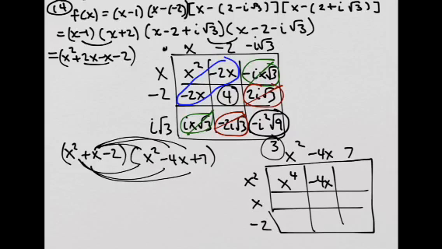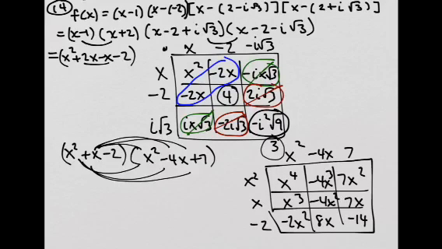So I'm just multiplying across. X cubed. Okay, so combine your like terms.